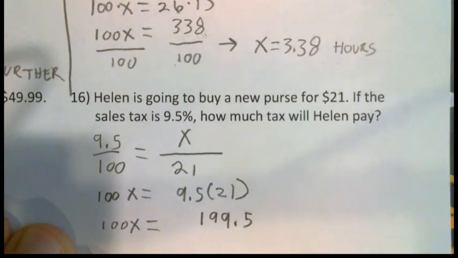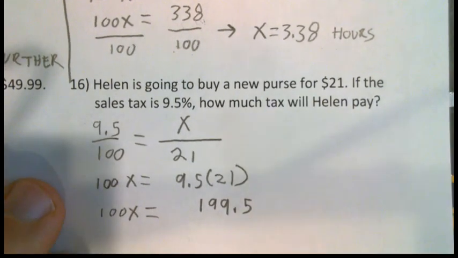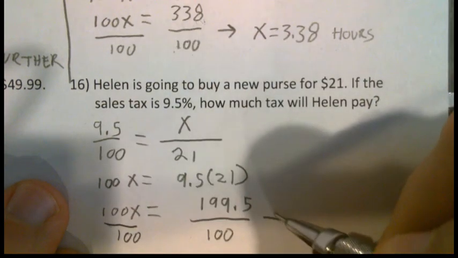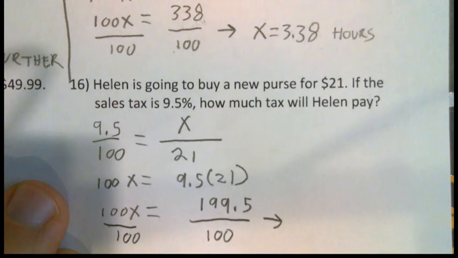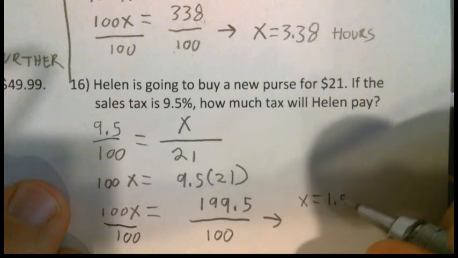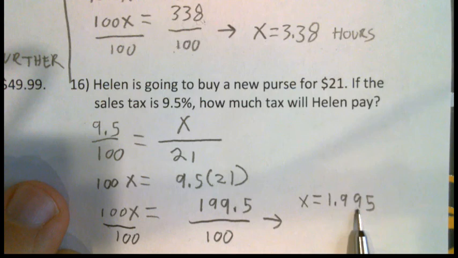100x carries down. All right, we want to get x by itself, so we divide by 100. Move our decimal spot 2 times. That'll give us x equals 1.995. Again, we're talking about money here, so let's round this to the nearest cent.